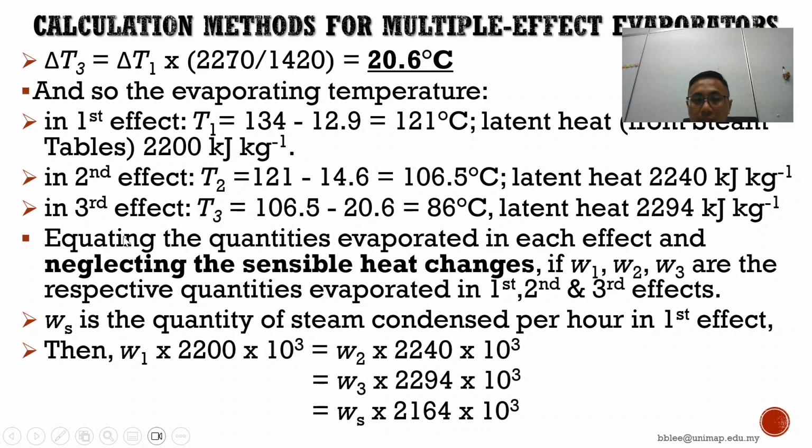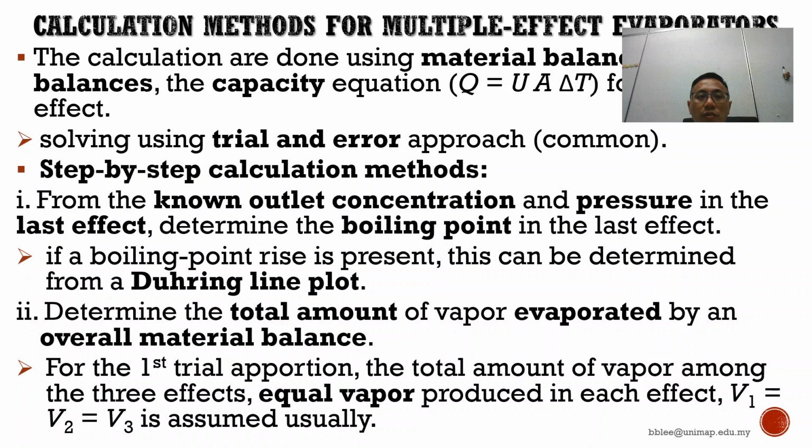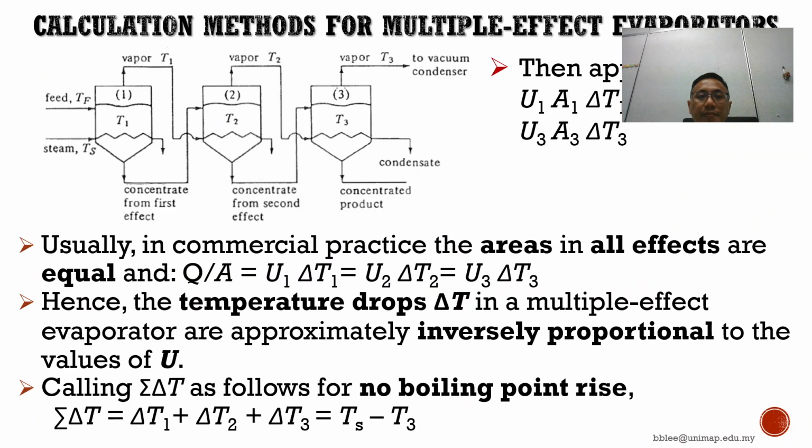WS is the steam condensed in the first effect. So if you refer to the diagram, WS is the first one here, and then W1 is here, W2 is here, W3, or V1, V2, V3, and here is actually our WS.